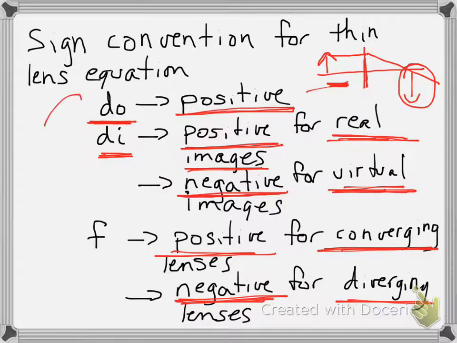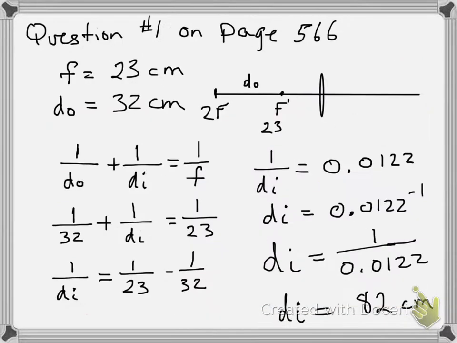So we're going to use this information right now in word problems. So we're going to use the thin lens equation. You have to interpret your distance of your object, distance of your image, and your focal length depending on whether the image is real or virtual, and whether you're dealing with a converging or diverging lens.